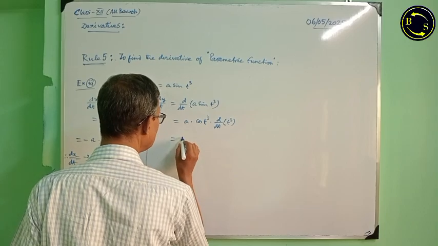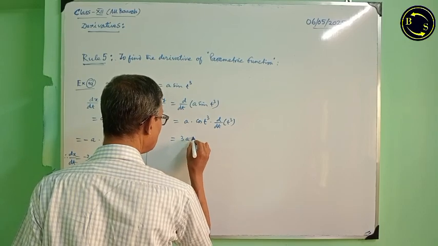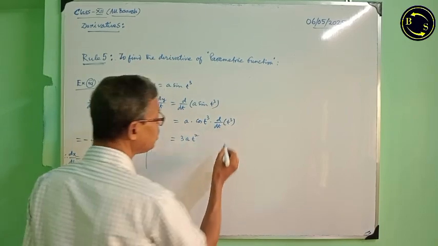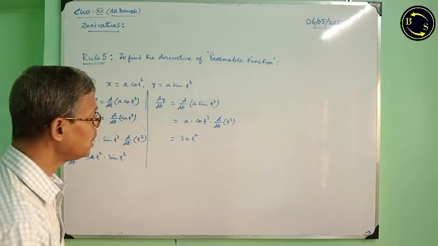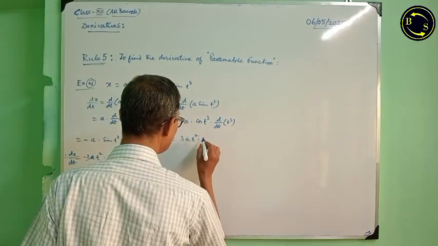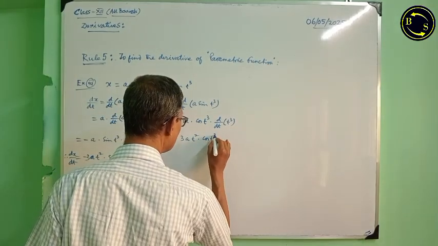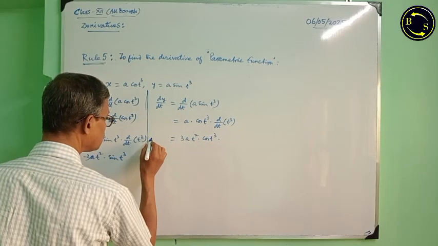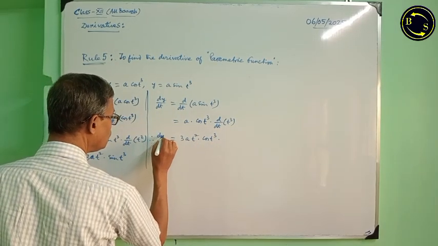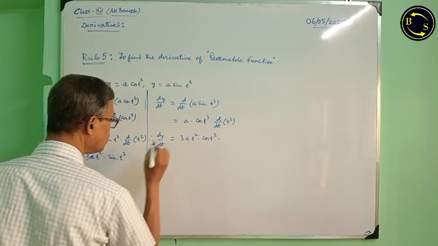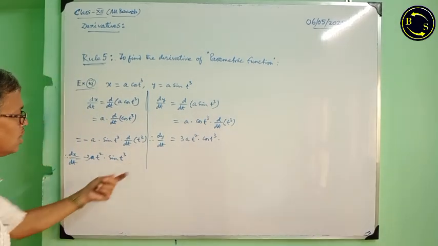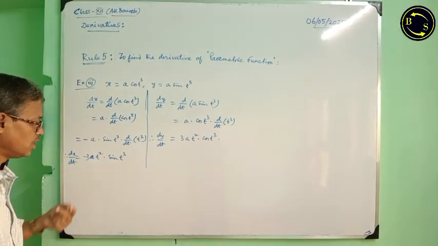Therefore, finally 3a t square, derivative of t cube with respect to t is 3t square, into cos t cube. That is the value of dy dt.